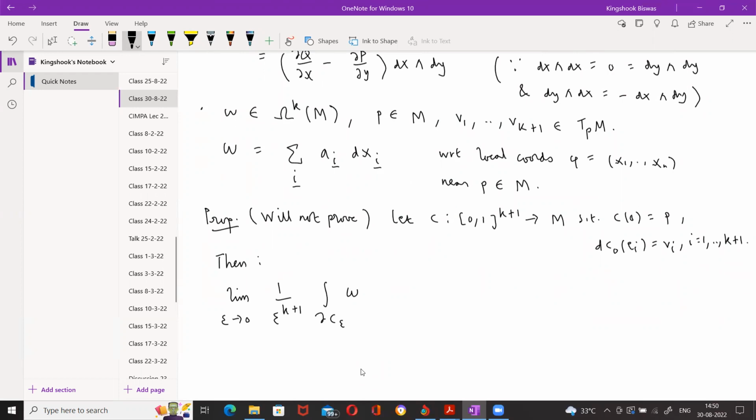And this limit exists. And this equals the following form: sum over I bar dAI bar wedge dx I bar. The whole thing, at the point P, evaluated on V1 to Vk plus 1. Okay.